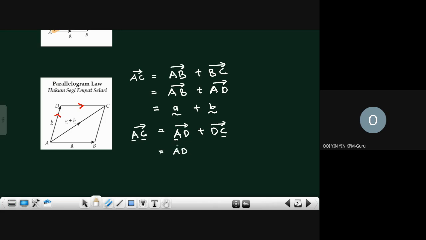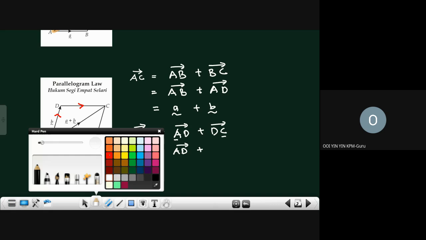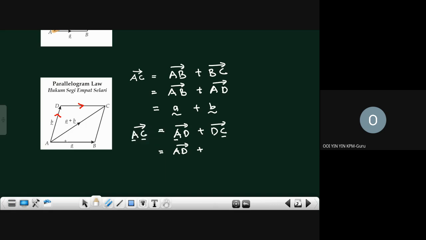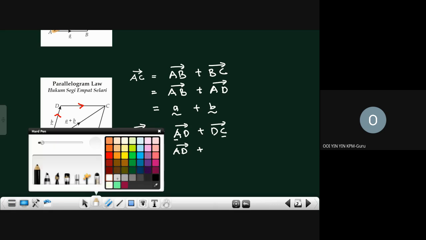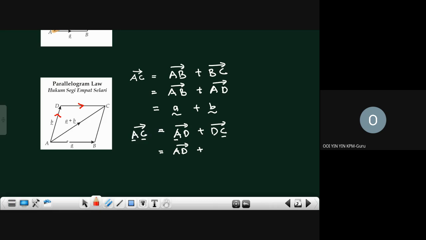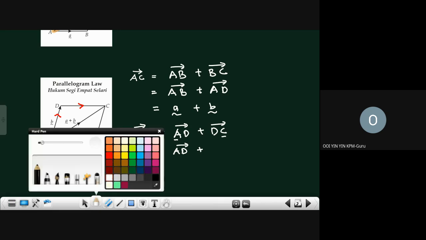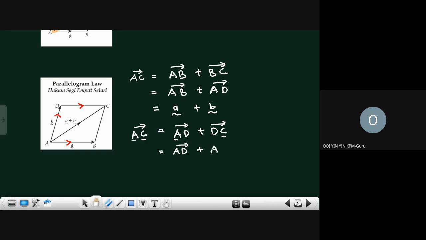We can see there's a B there already, right? But your DC here now, you don't have a figure here, right? But you know this line is parallel with your AB, right? So instead of writing DC, we can also write AB, okay?